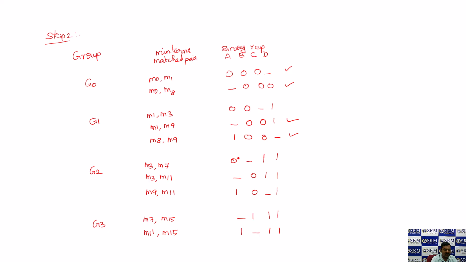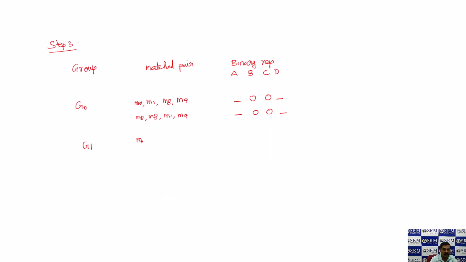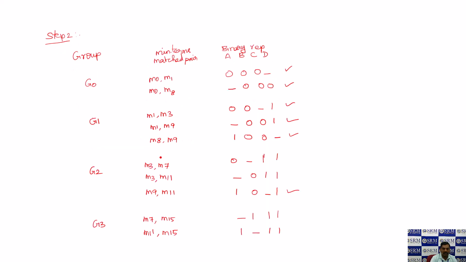Now check M1, M3 with M9, M11. The first bit is varying, 0 and 1, and the rest are the same, with hyphen already present. Similarly, I'm going to compare M1, M9 with M3, M11, and so on for all these.